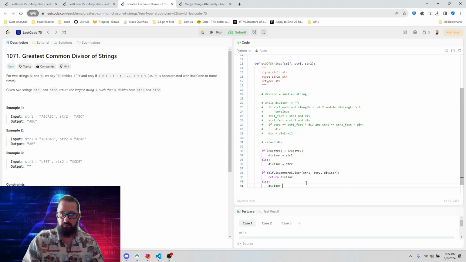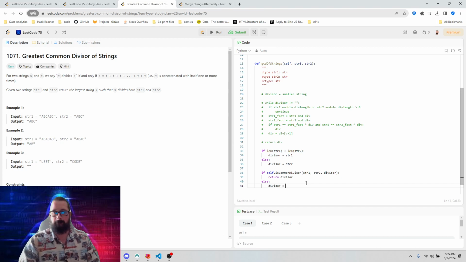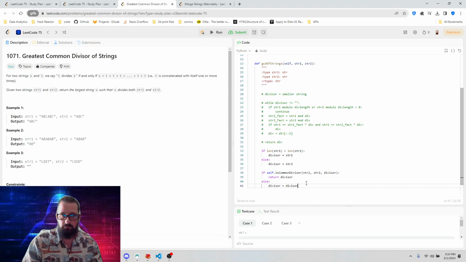So divisor equals divisor starting at 0 and going to length of divisor integer division 2.